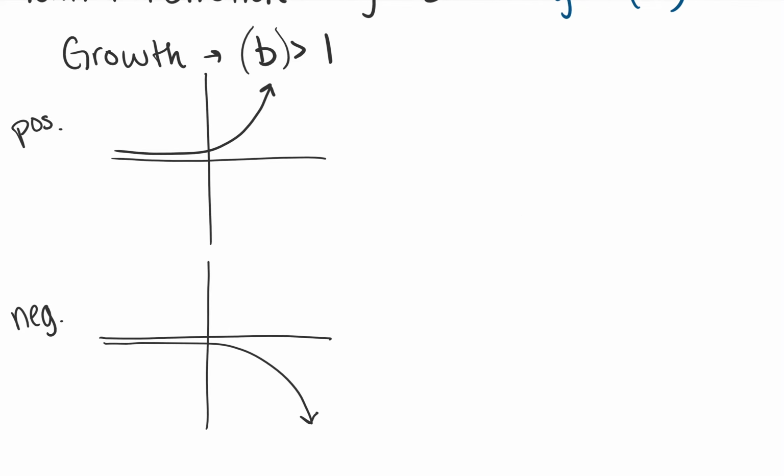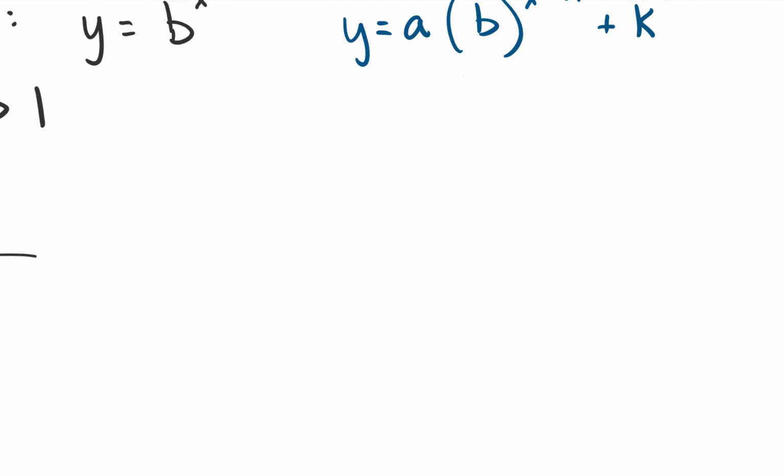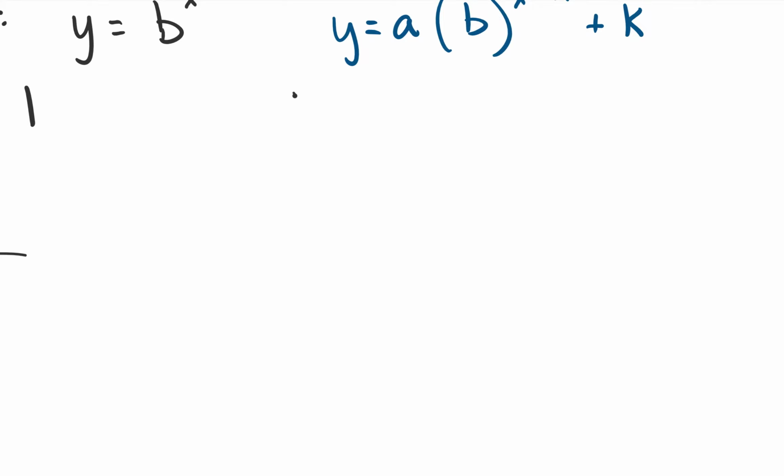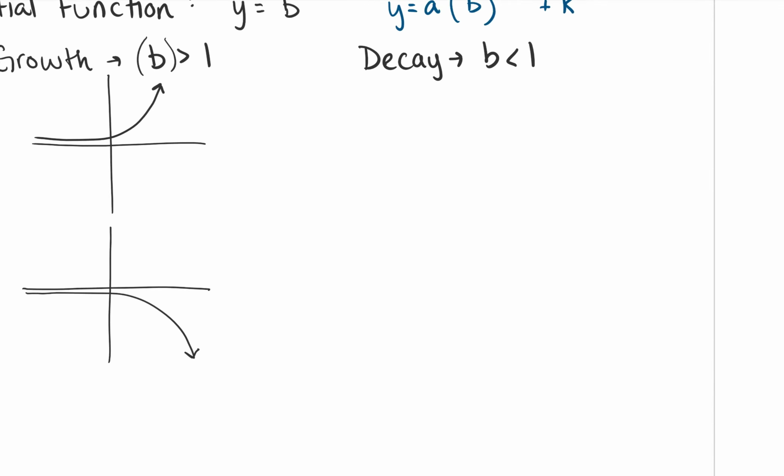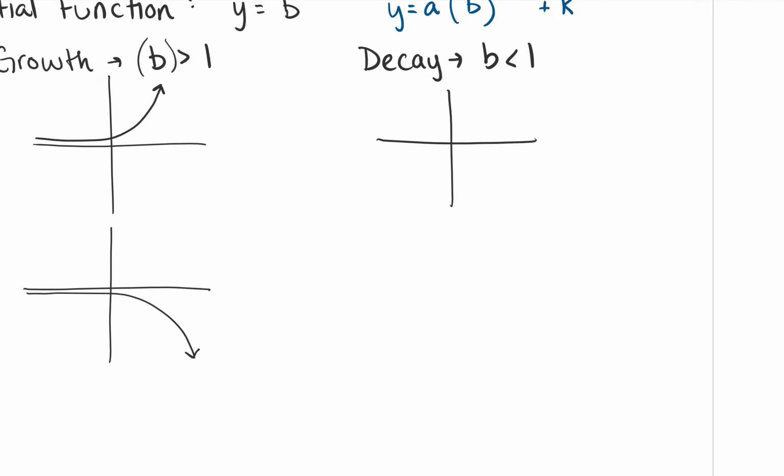Okay, my other one that I have is decay. So if growth is when b is greater than 1, decay is when b is less than 1. And then we have positive and negative decay, just like growth. So we have positive decay. On growth, I'm moving away from the x-axis because I'm moving away from 0.